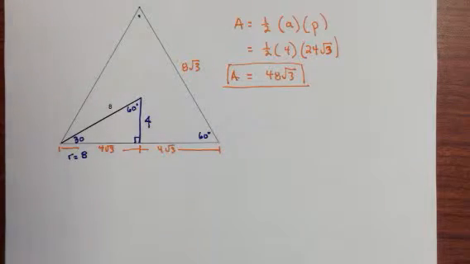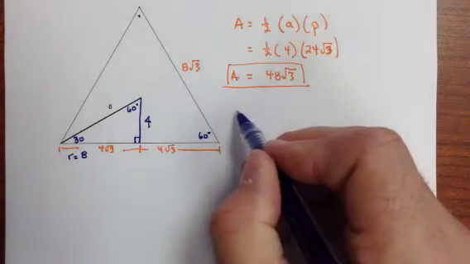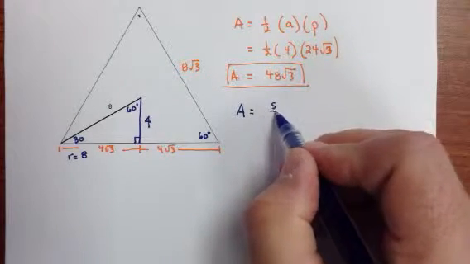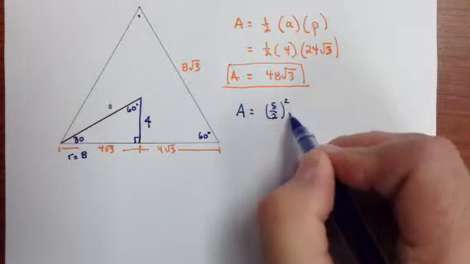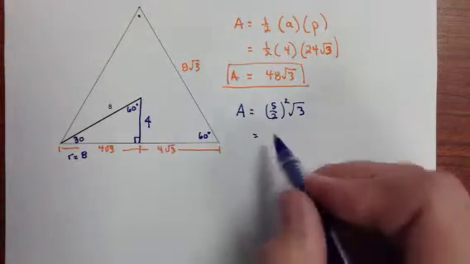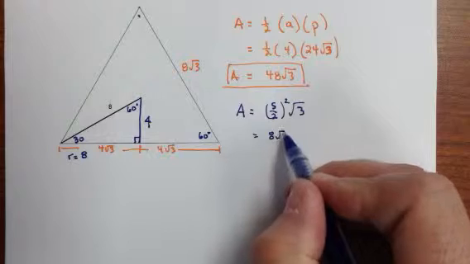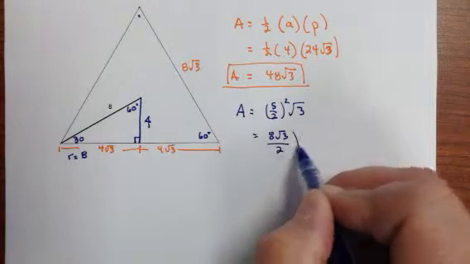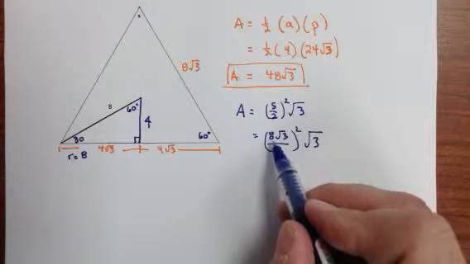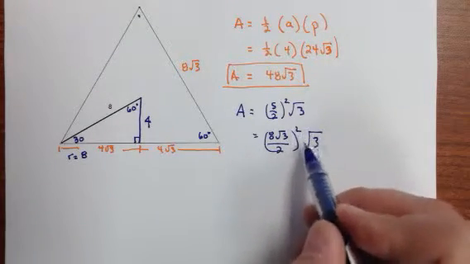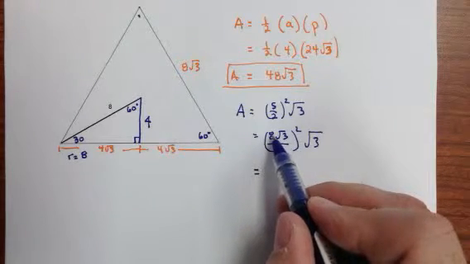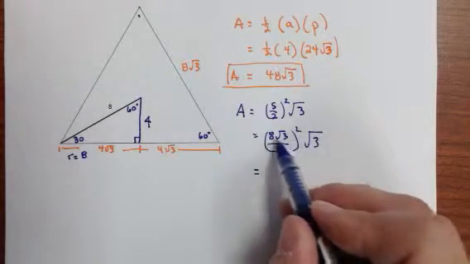Now remember, we also know that for an equilateral triangle, we could do s over 2 squared radical 3. Let's just compare this. So if s is 8 radical 3, then we can plug it in. 8 radical 3 over 2 quantity squared radical 3. 8 over 2 is 4. 4 radical 3 squared.